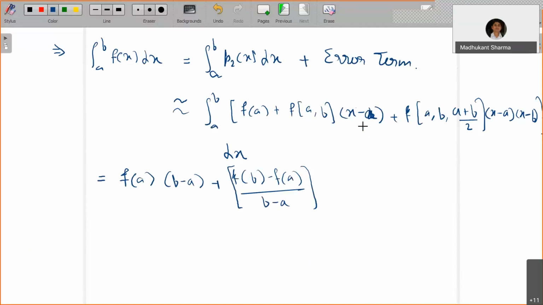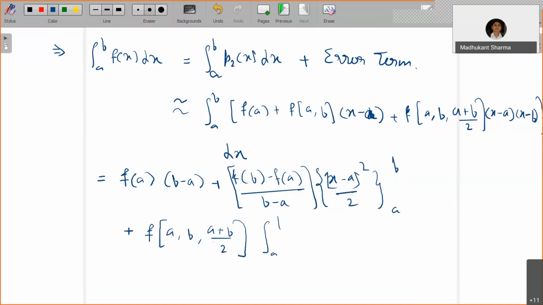And this is x minus a whole square by 2, evaluated between the upper limit and lower limit, plus f of a comma b comma a plus b by 2 times the integration from a to b of x minus a into x minus b dx. Now we are going to evaluate and simplify this.